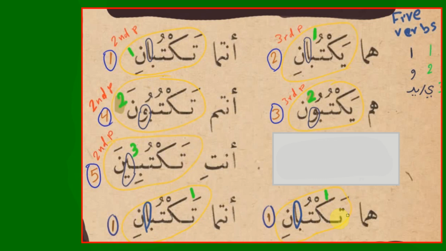Both the 2 girls write. So it's the same verb. So just be aware of this. When we say 5 verbs, you have these variations, but it's the same form. It's counted as one form. So that's why I wrote here 1, 2, 3, 4, 5. With تكتبان, context will indicate the subject.